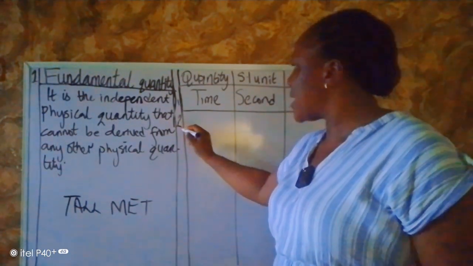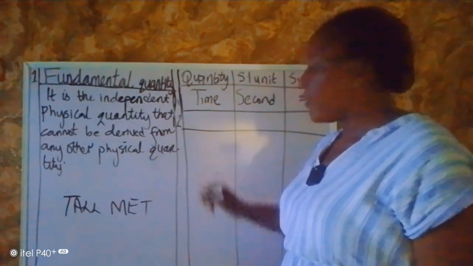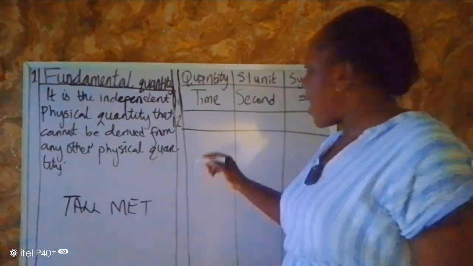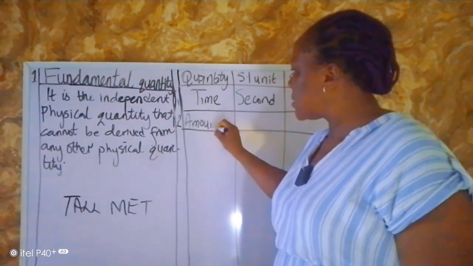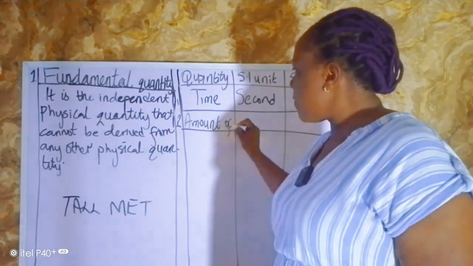Then the second one is our A. Our A is amount of substance.